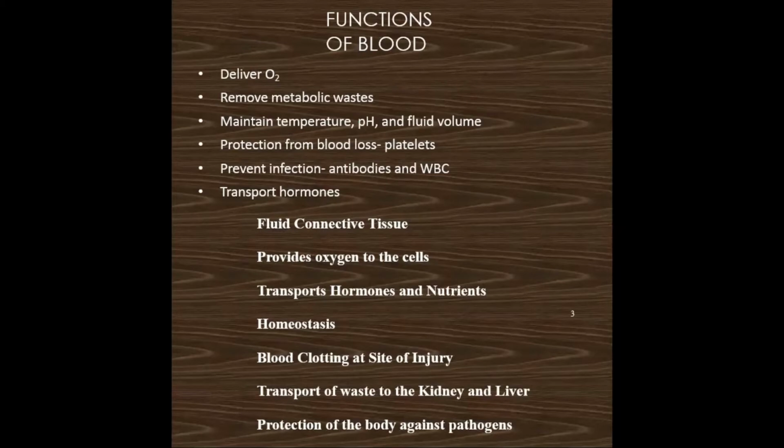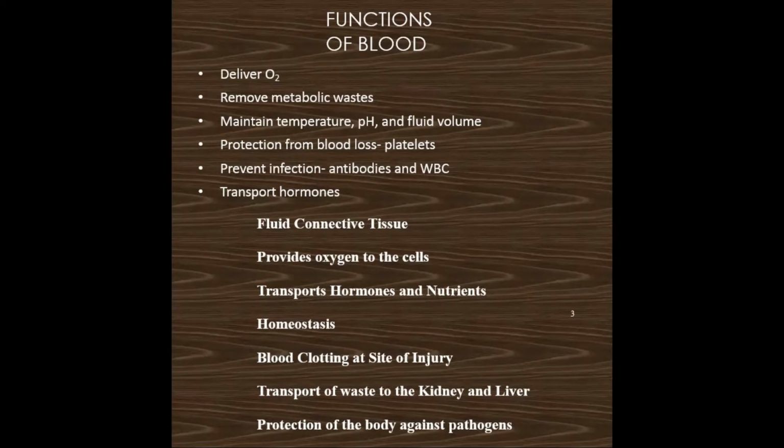If we talk about the functions of blood, the major functions are to provide the body cells with oxygen and remove carbon dioxide from tissues towards the lungs in order to exhale it outside the body. Blood also absorbs oxygen from air in the lungs.